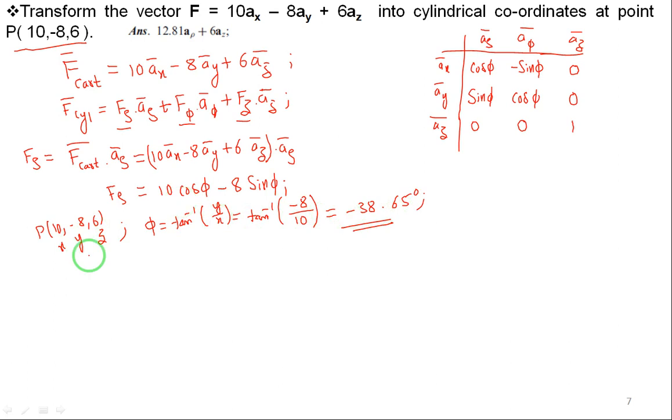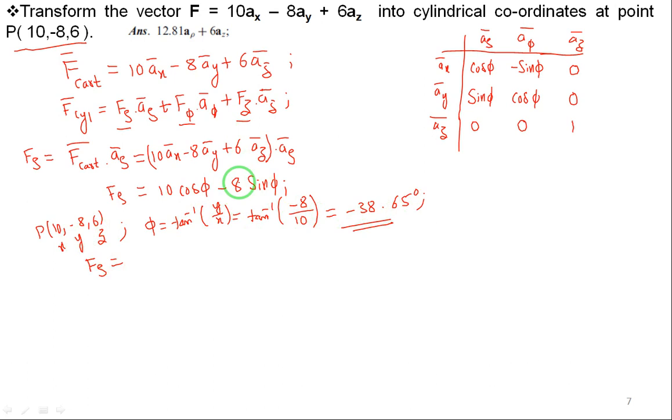Phi. Just substitute the value of phi in f rho. So I will write f rho after substituting. F rho is equal to 10 cos phi minus 8 sin phi. Substitute the value of phi: 10 cos of minus 38.65, minus 8 sin of minus 38.65.